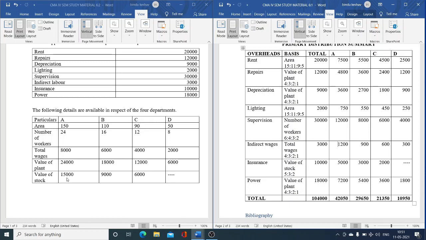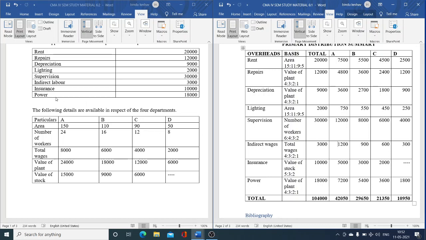So here the ratio is 15:9:6, which can be further simplified as 5:3:2. Insurance 10,000 rupees, the basis of apportionment is the value of stock, that is 5:3:2, because D department does not have stock. So the 10,000 will be distributed among the different departments as 5,000, 3,000 and 2,000.